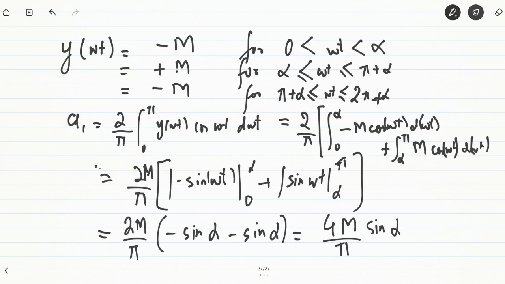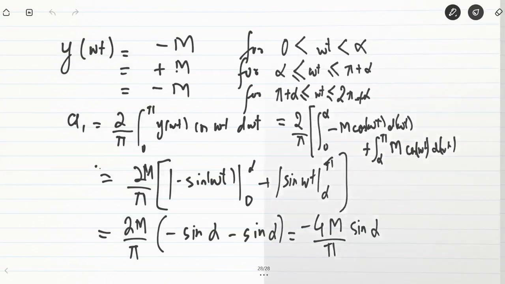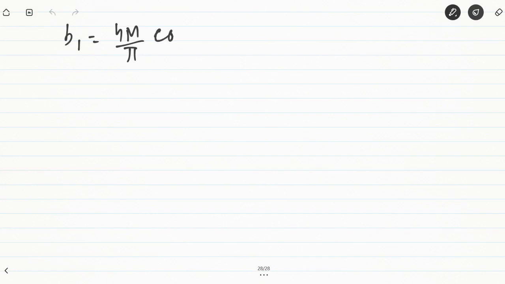In a similar manner, b1 will be equal to 4m by pi cos alpha, while a1 was minus 4m by pi sine alpha.